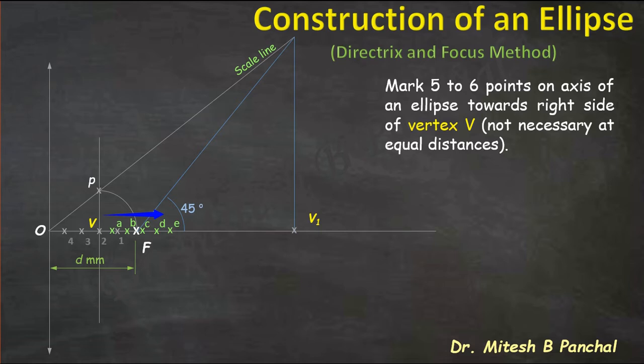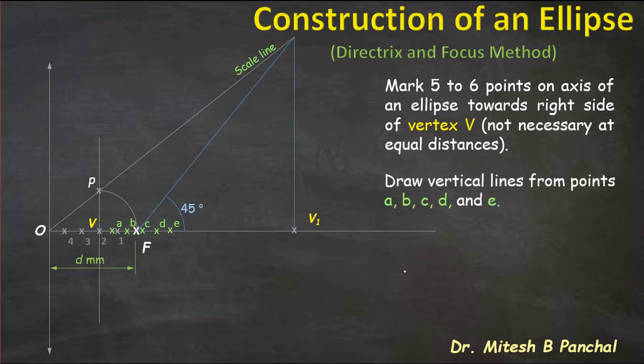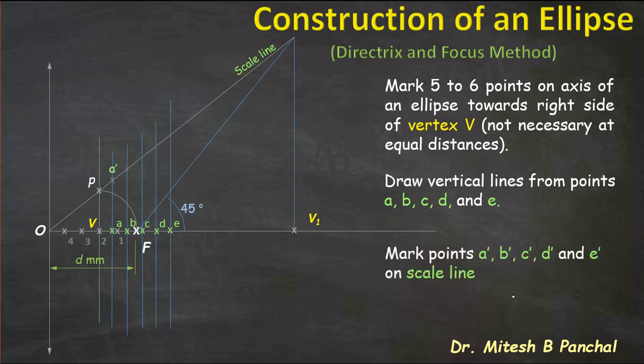Now from all these points A, B, C, D, E, we have to draw vertical lines. These vertical lines will intersect the scale line. Name those points as A dash, B dash, C dash, D dash and E dash. Now what is the purpose of this procedure?